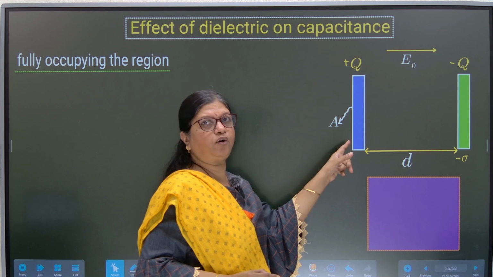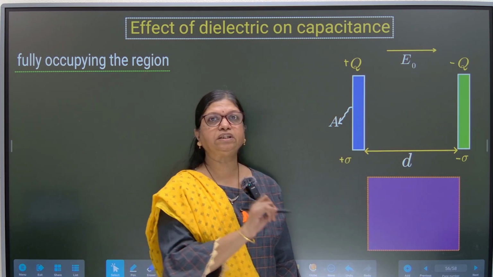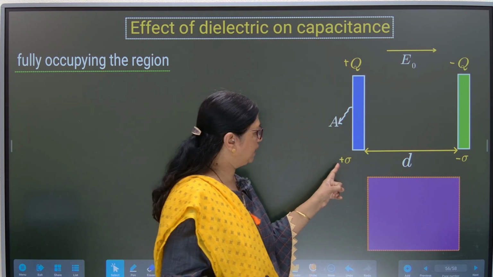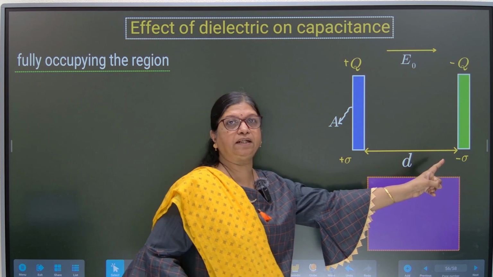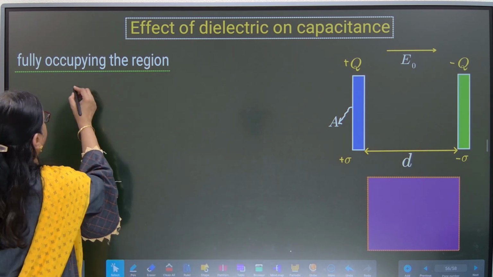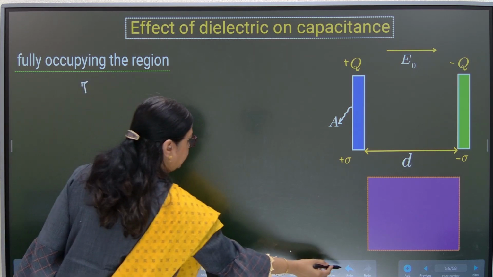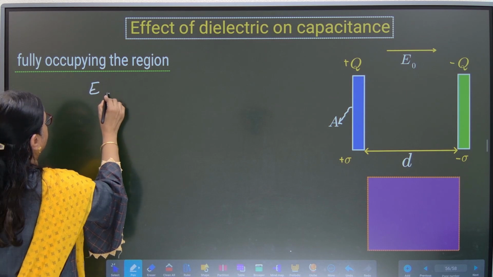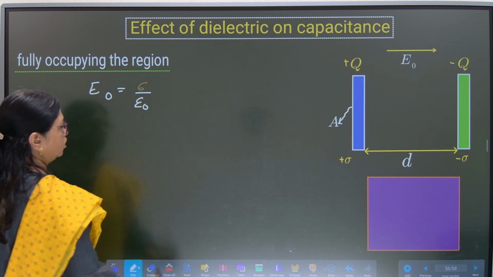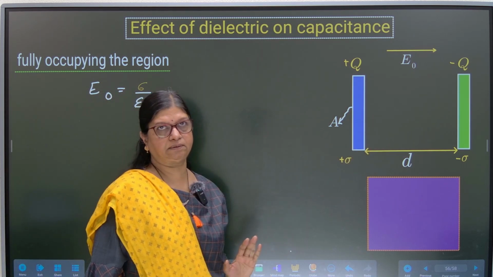A is the area of each plate, d is the distance between the two plates, and if the surface charge density of the positive plate is plus sigma and of the negative plate is negative sigma, then the electric field is E naught equal to sigma upon epsilon naught when air is between the plates.